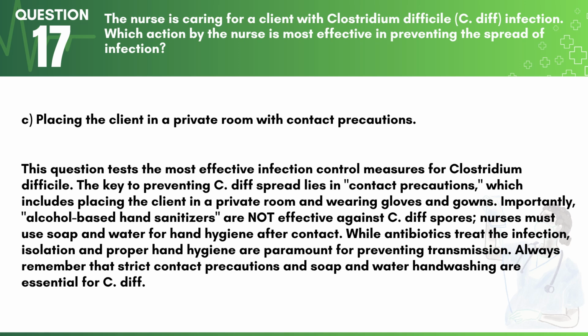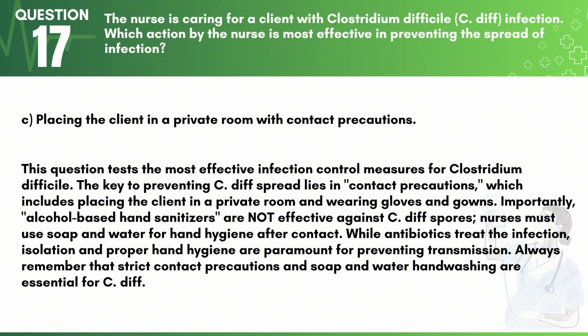Answer C. Placing the client in a private room with contact precautions. This question tests the most effective infection control measures for Clostridium difficile. The key to preventing C. diff spread lies in contact precautions, which includes placing the client in a private room and wearing gloves and gowns.